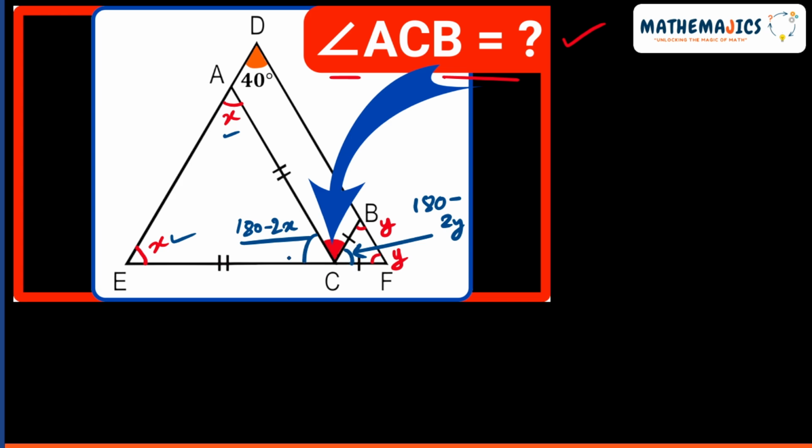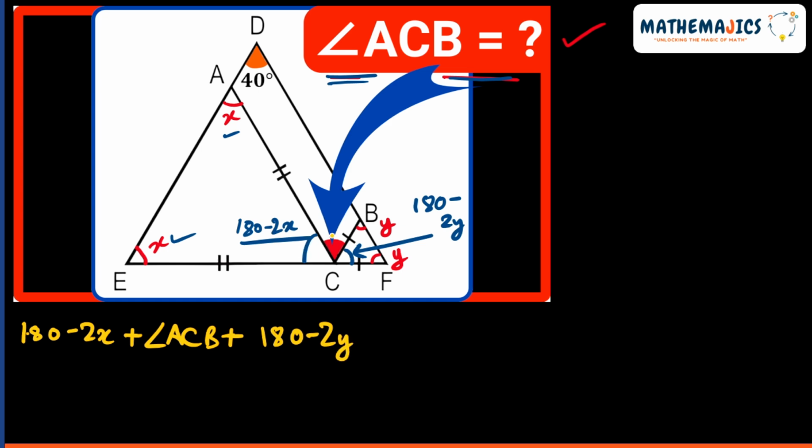Now please see that these three angles, 180 minus 2x, angle ACB, and this angle 180 minus 2y, lie on a straight line. Okay, so let me just write it down. Angle 180 minus 2x plus angle ACB plus angle 180 minus 2y.